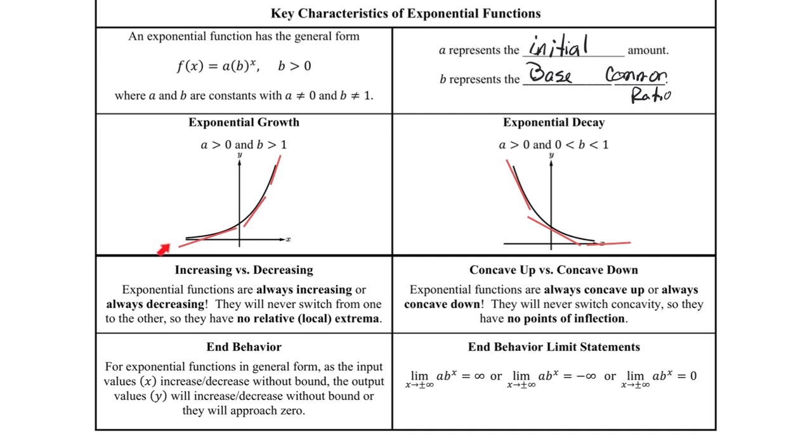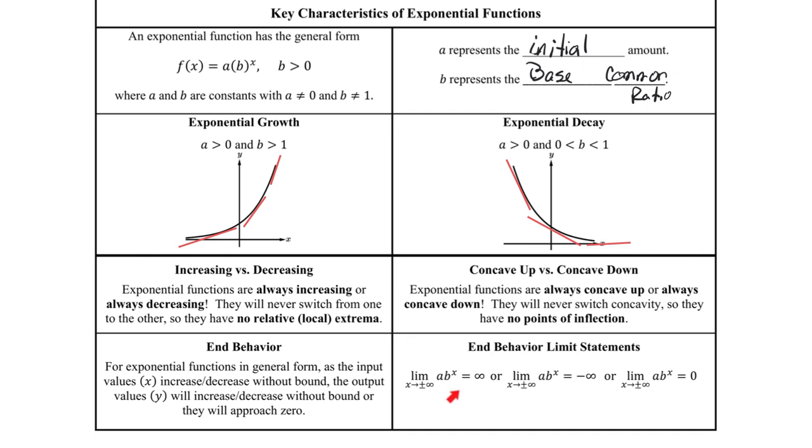If we look at this one over here, as I approach negative infinity, my limit is going to be 0 because I start getting a horizontal asymptote out here. But as I go to positive infinity, my arrow goes up to positive infinity, right? And same thing over here for decay. As I move to negative infinity, I'm approaching positive infinity. As I go to positive infinity, I'm approaching 0, okay?